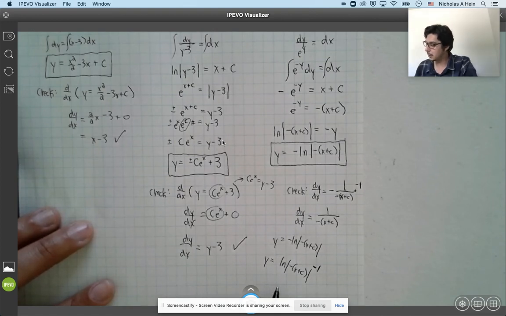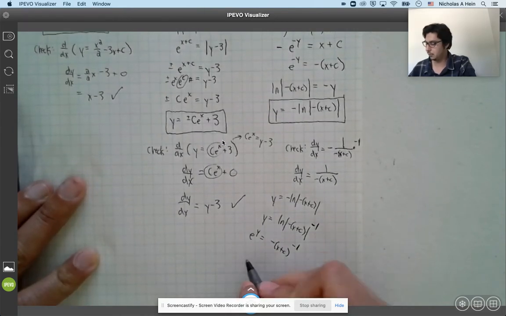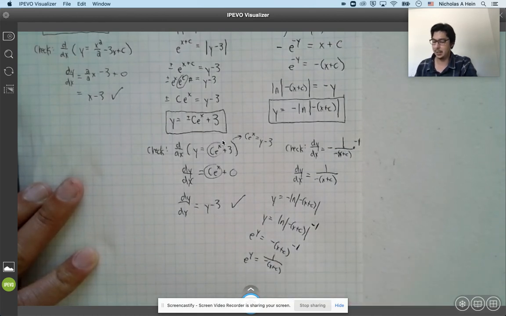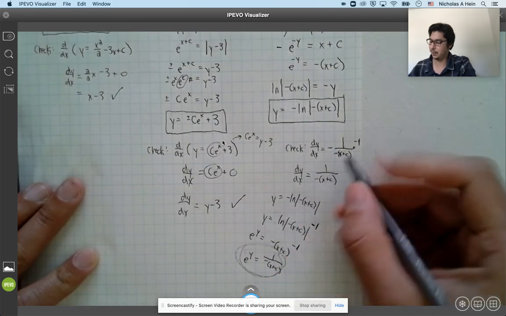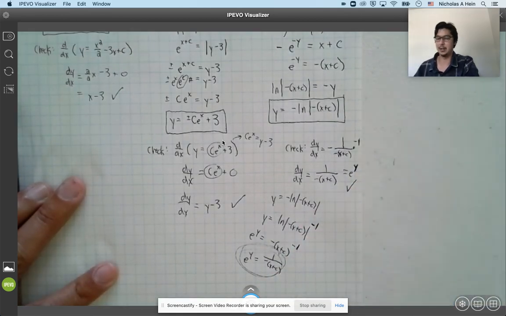We could rewrite this as e to the y equals negative x plus c to the negative 1, which is going to equal e to the y equals 1 over negative x plus c. And notice, this right here is what we have here, so this whole thing equals e to the y. And that's how that works out.